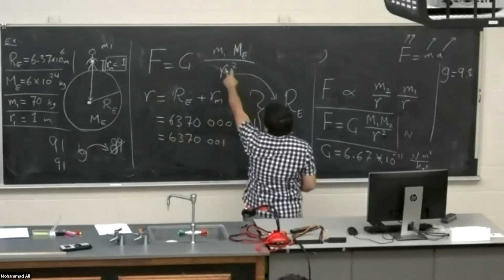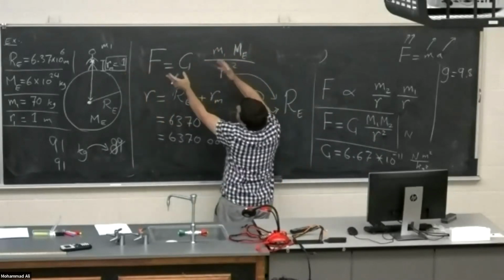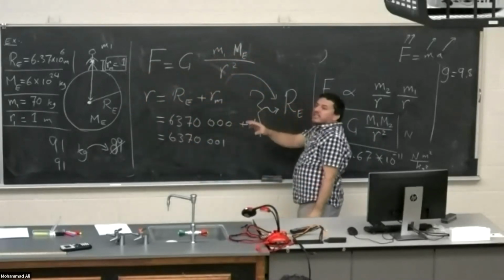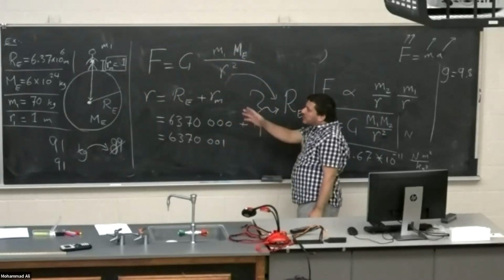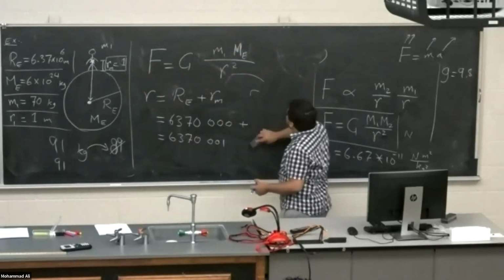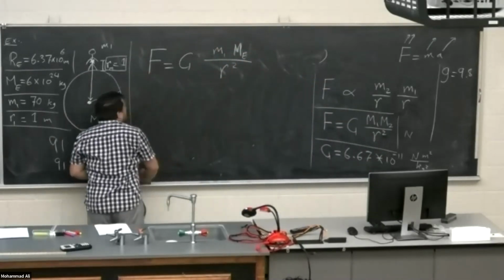We cannot consider this mass as 0. If we multiply 0 by this, it will be 0, but we cannot do that. So in this case, our distance is the radius of the Earth. Okay, now let us continue.